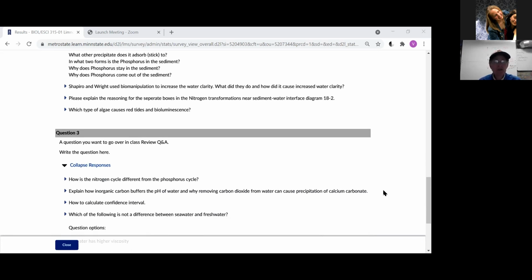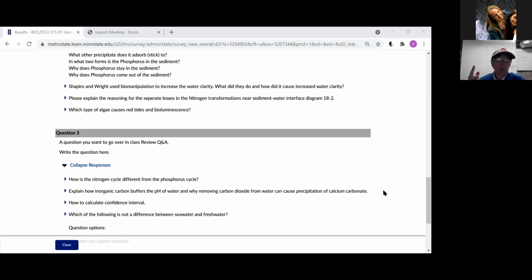How is the nitrogen cycle different from the phosphorus cycle? I mean, what would you say? Phosphorus cycle is simple. Nitrogen cycle is complicated. Okay. I would say nitrogen cycle is different because nitrogen has multiple forms, right?